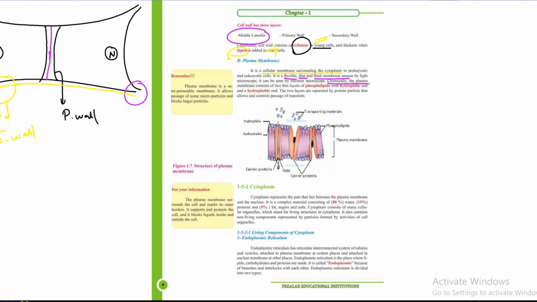Chemically, the plasma membrane consists of two layers of phospholipids. A phospholipid has one phosphate group and two fatty acids. It makes what? One phospholipid, made up of two different parts.